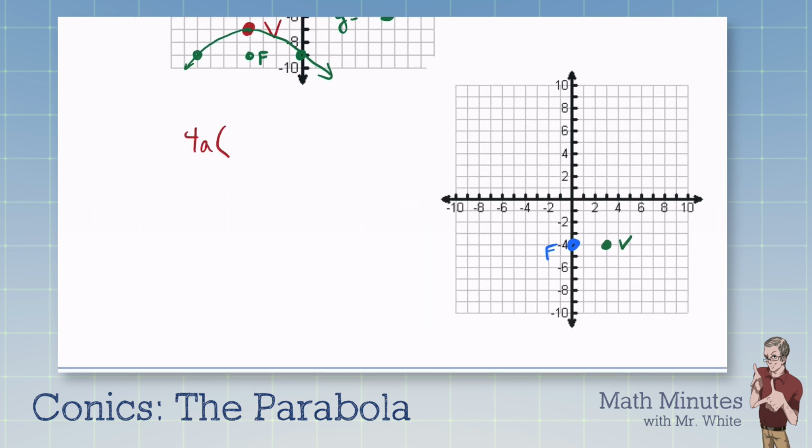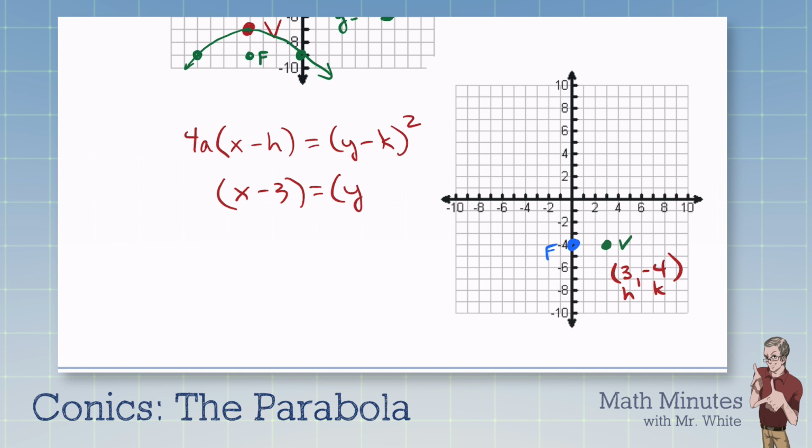4a times the quantity x minus h equals y minus k, the quantity squared. That's our starting point. Now, our vertex was at 3, -4. That's your h and your k. So we put that in. That would be x minus 3 equals y plus 4.